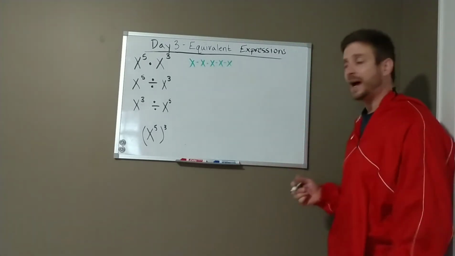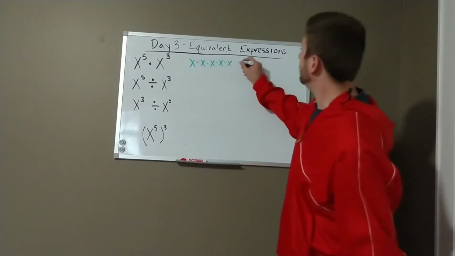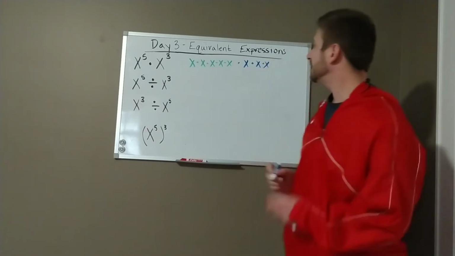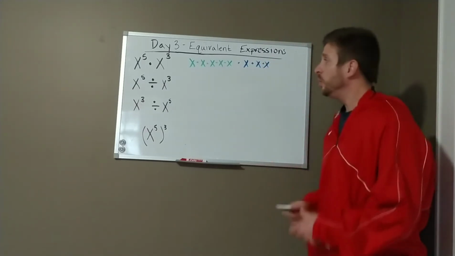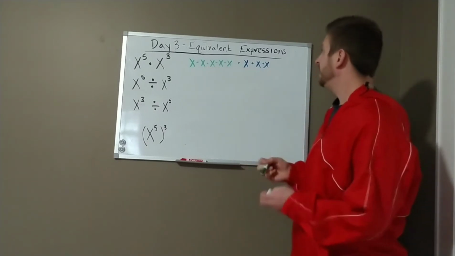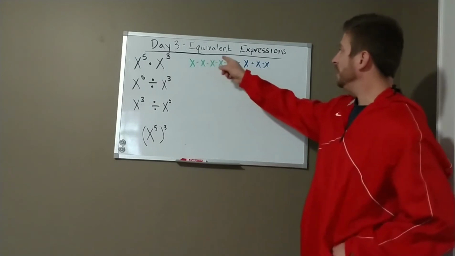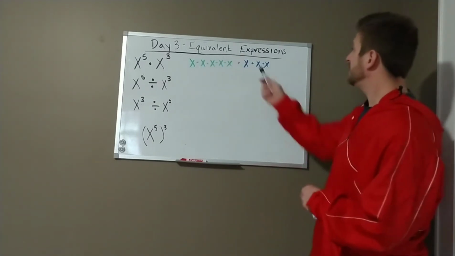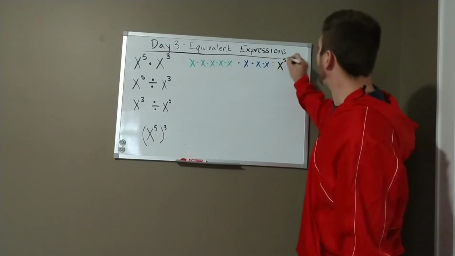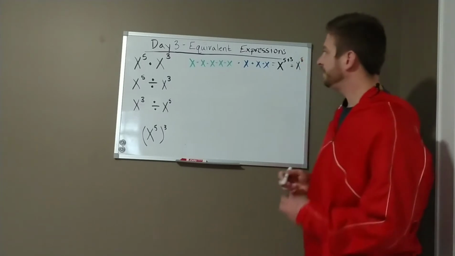X to the 3rd power means x times x times x. And so when we actually multiply these, this becomes x to the 1, 2, 3, 4, 5, 6, 7, 8. So this is just x to the 5 plus 3 power, which is x to the 8th.